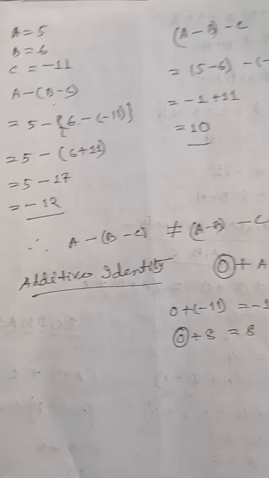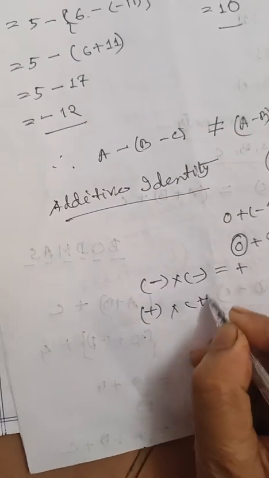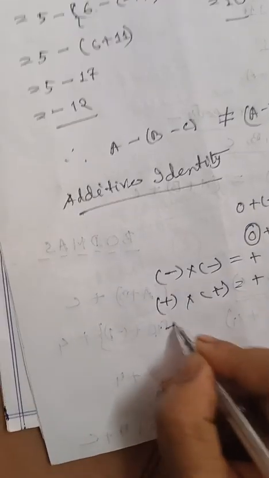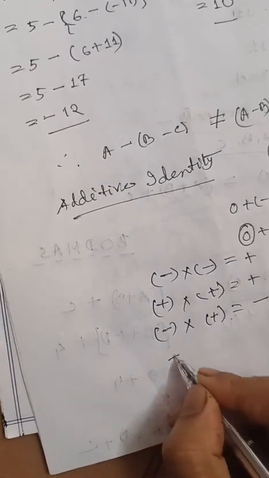Okay, multiplication of integers. You know the sign rules. Negative of negative is always what? Positive. If the product is of two same signs, then the result is always positive. If the signs are not the same, the result is negative.